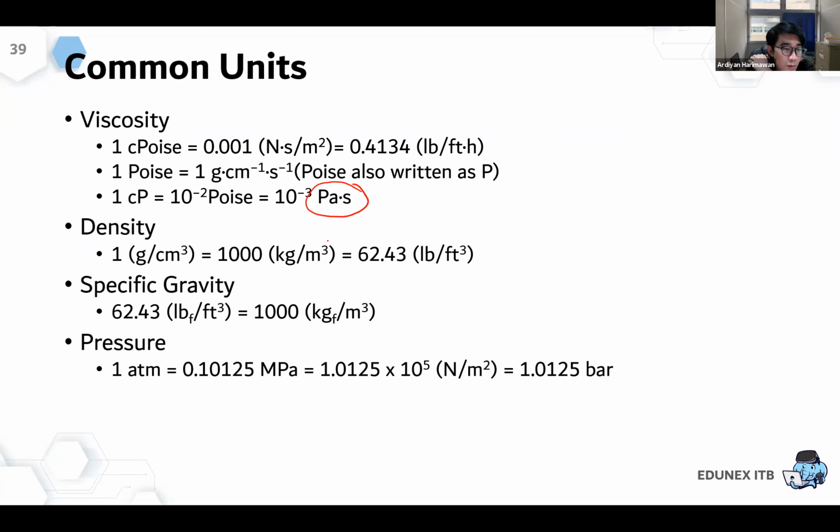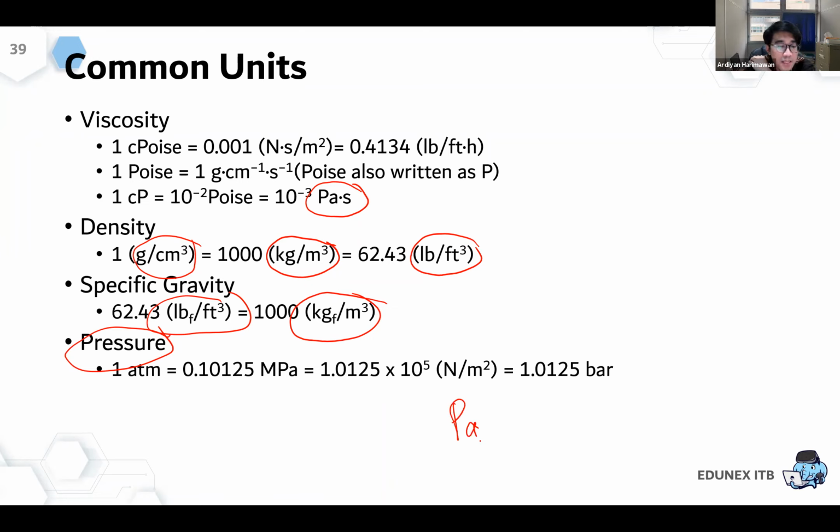Density, we can use kilogram over cubic meters for the SI unit, but for other units, you can use gram over cubic meters or pound over cubic feet. Specific gravity is this one. Or pressure. I think you're already familiar, right? The SI unit will be Pascal, but sometimes we can use psi or atmospheric units.